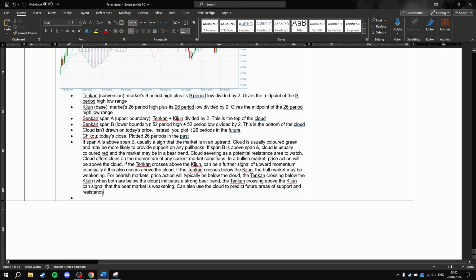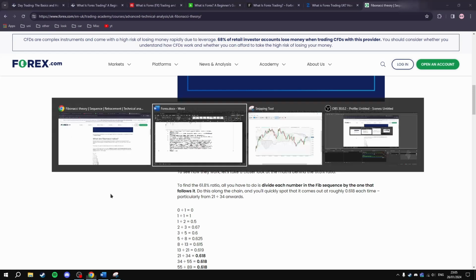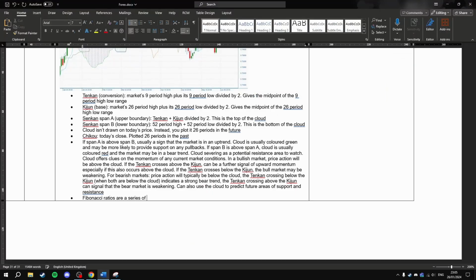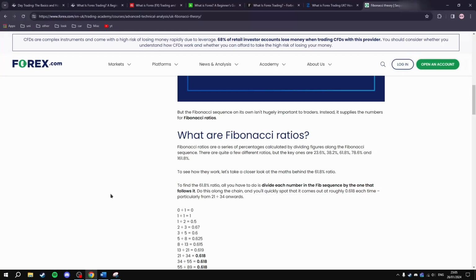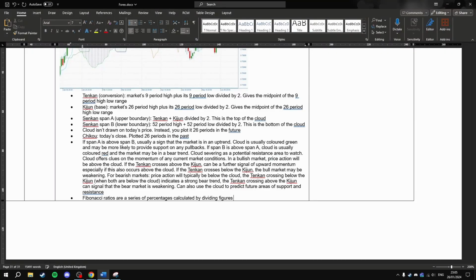Fibonacci ratios are a series of percentages calculated by dividing figures along the Fibonacci sequence.